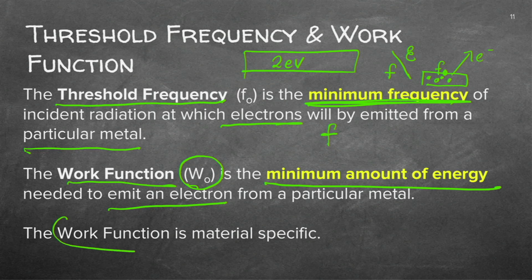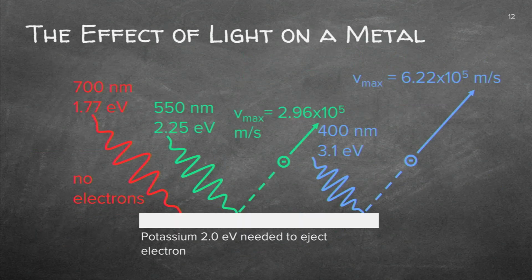So work function as well as threshold frequencies are very specific for a specific metal. And as you have a look here, potassium had a threshold frequency or a work function, and that was specifically 2 electron volt. So 177 was not enough, 225 was enough, and 3.1 was more than enough.